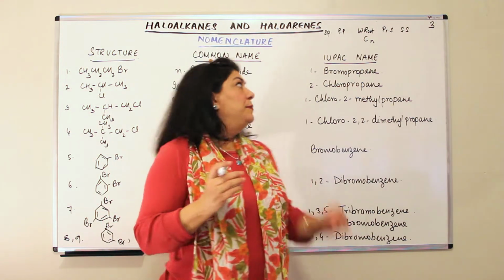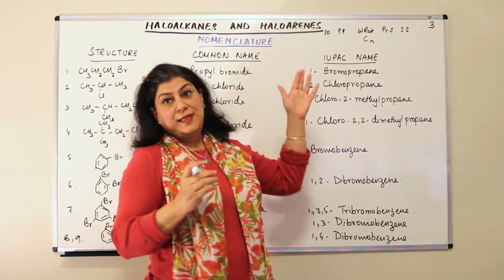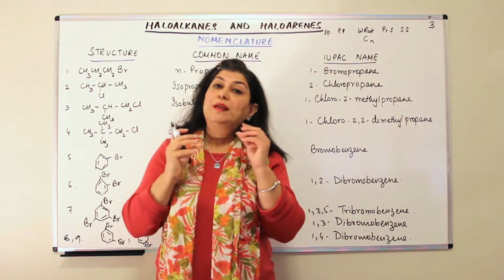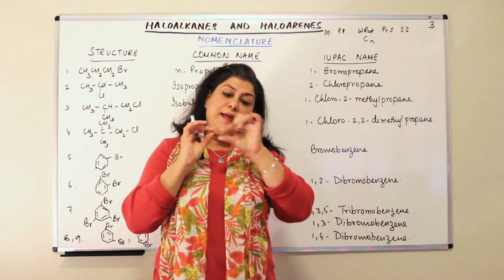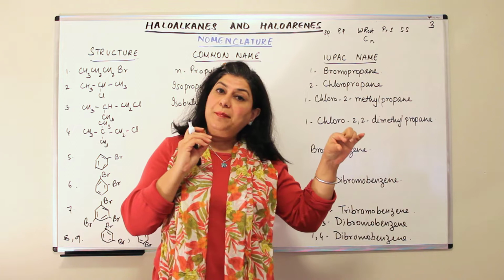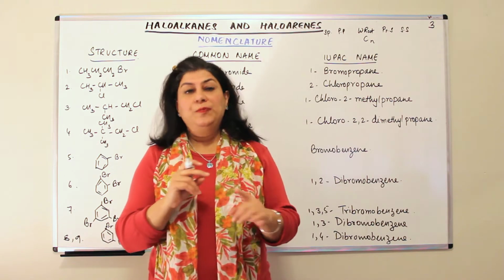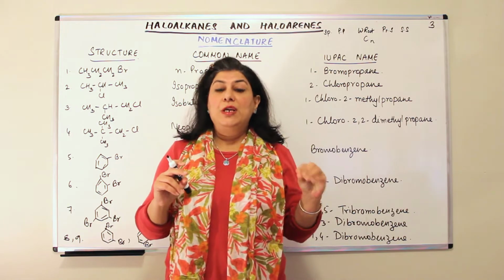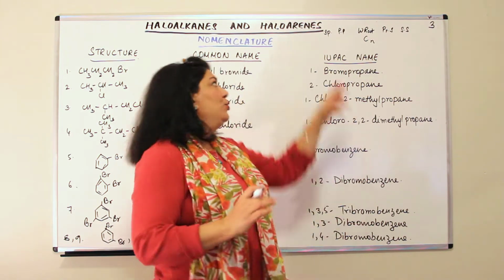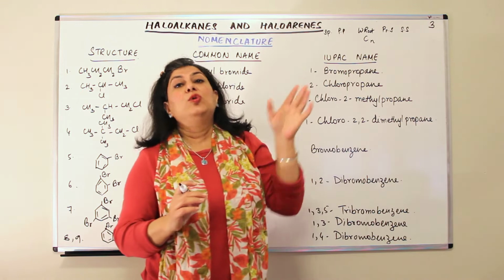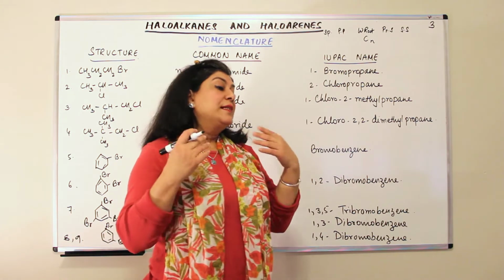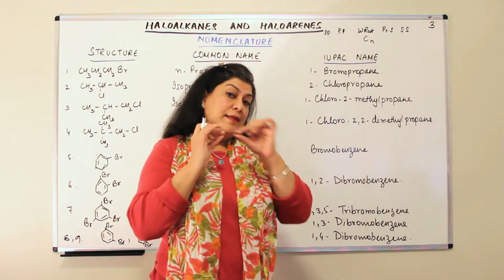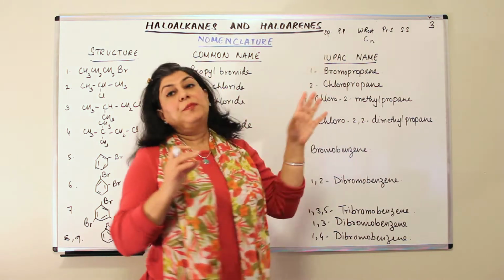Then comes the primary prefix. The primary prefix tells you whether a compound is cyclic or alicyclic, that is, is it an open chain compound or is it a cyclic compound? And the primary prefix is only used in the case of cyclic compounds. If the compound is cyclic, you will add the prefix cyclo to it. And if it is not cyclic, it is a straight chain compound, you skip the primary prefix.